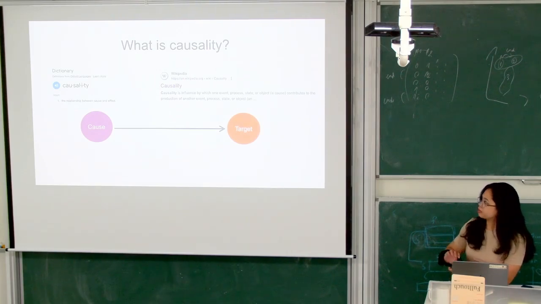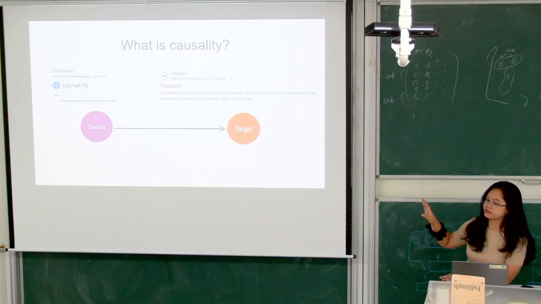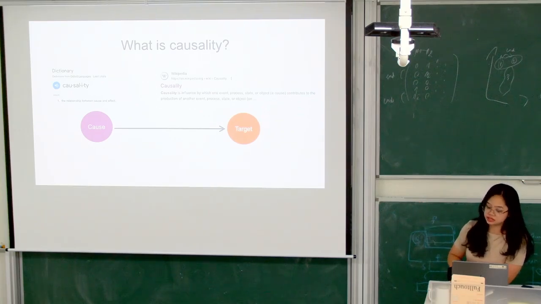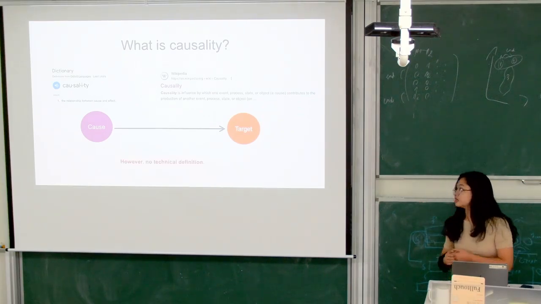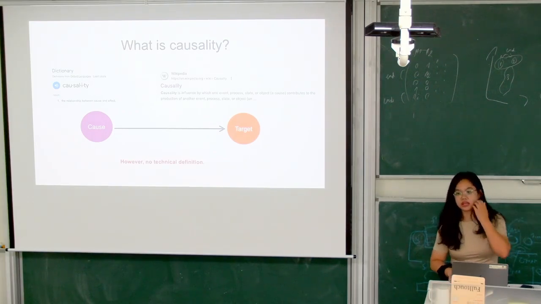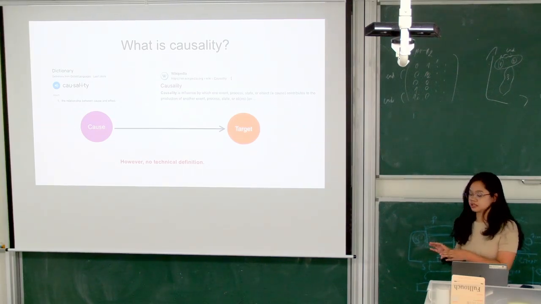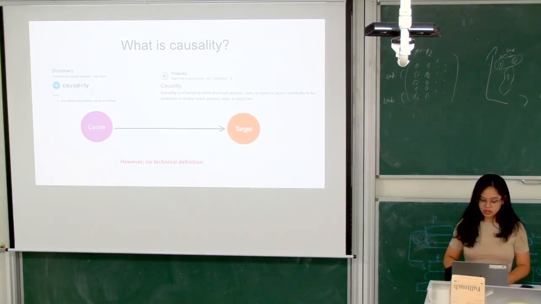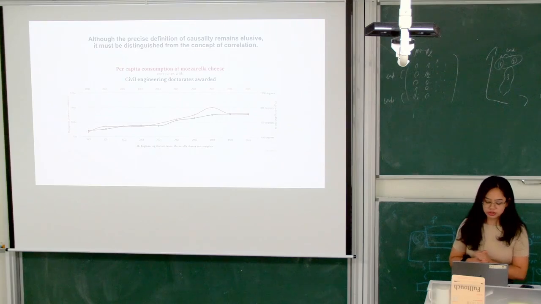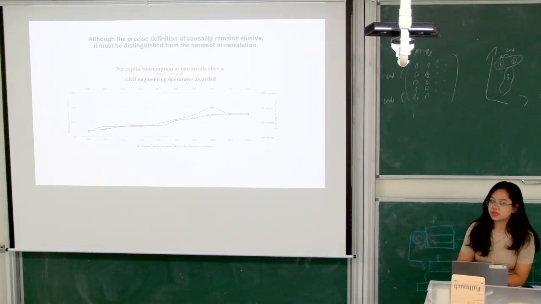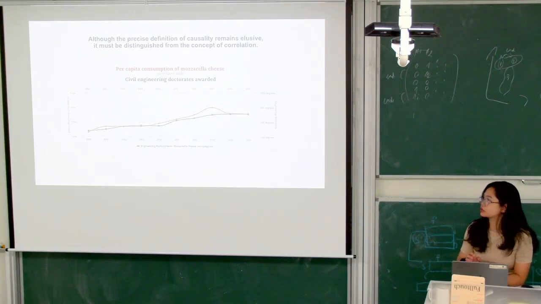However, I show these definitions because for causality, especially in mathematics, there is no technical definition as compared to other concepts where we can objectively define a certain context. But although the definition of causality is not precise, we still have to distinguish causality from other concepts like correlation.